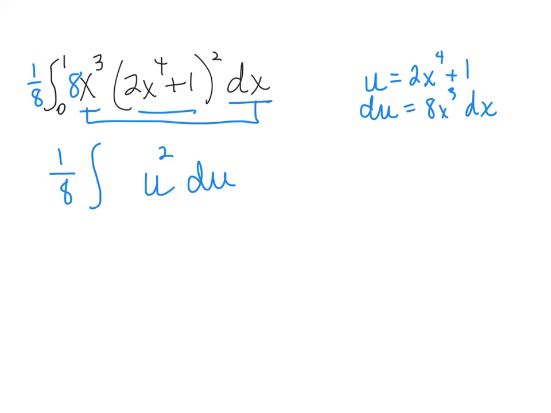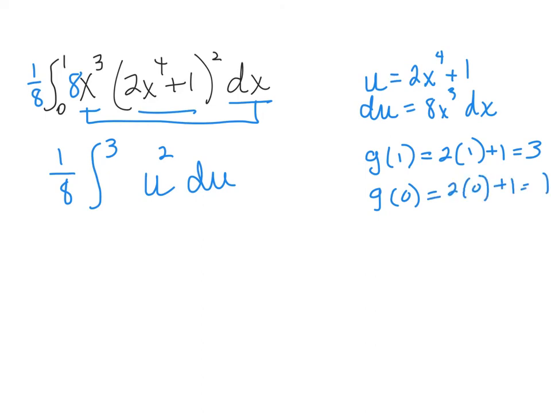And then I need new limits of integration. So I'm going to do g of 1, and that's going to be 2 times 1 to the 4th plus 1, which is 3. So that's a new upper. And then g of 0 is going to be 2 times 0 plus 1, which is 1. And now I'm going to evaluate.